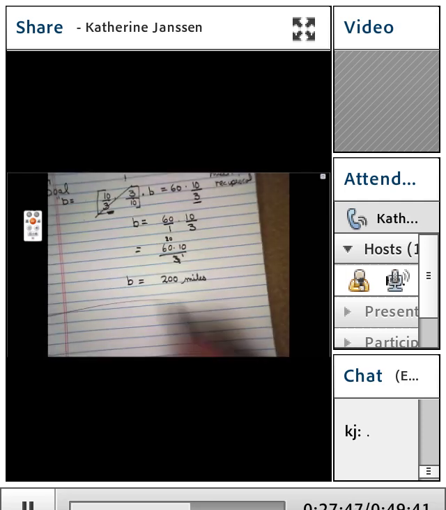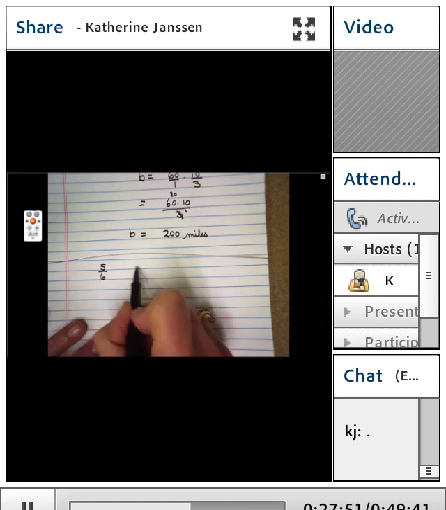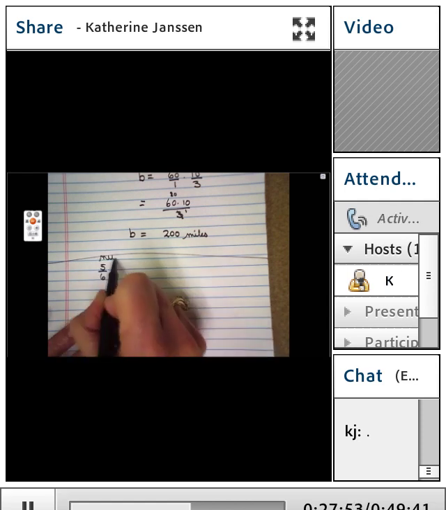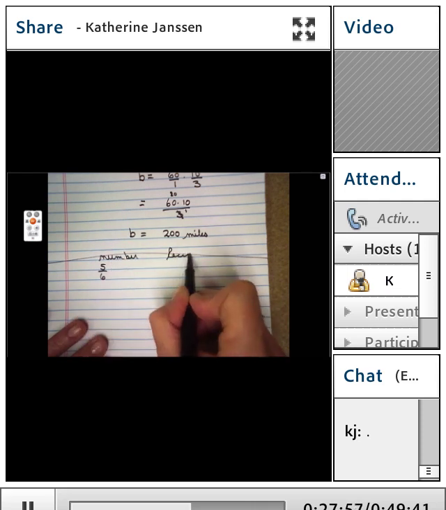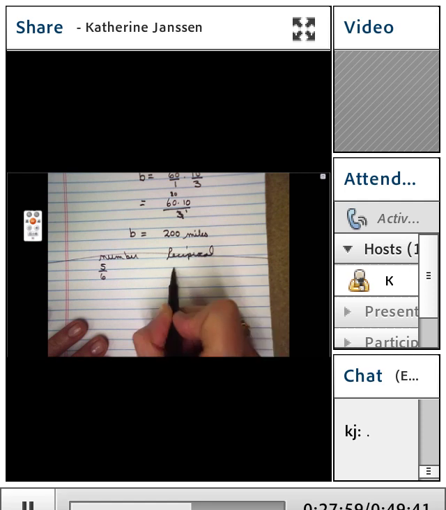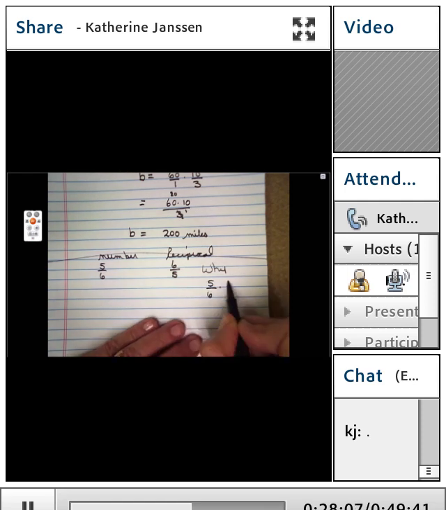Okay, just reviewing, if I have 5/6 as a number, its reciprocal is found by interchanging the numerator and the denominator. Why? Because a number times its reciprocal must be equal to a positive 1.